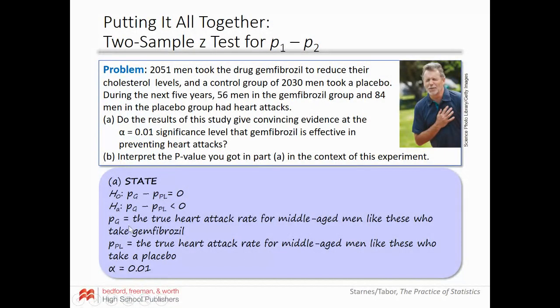Then we state what PG is: the true heart attack rate for middle-aged men like these who take gemfibrozil. I'm obviously a math teacher, not a doctor, so I'm not familiar with all those biological terms. PPL is the true heart attack rate for middle-aged men like these who take a placebo. And again, we have to state our alpha level before we do any calculations. So our alpha level is 0.01 here.